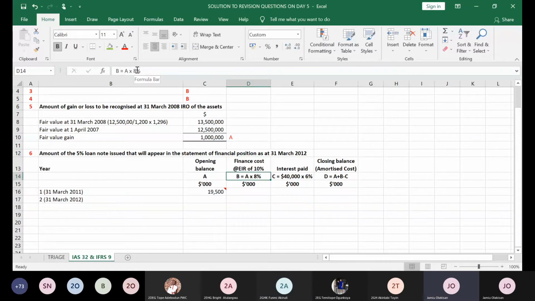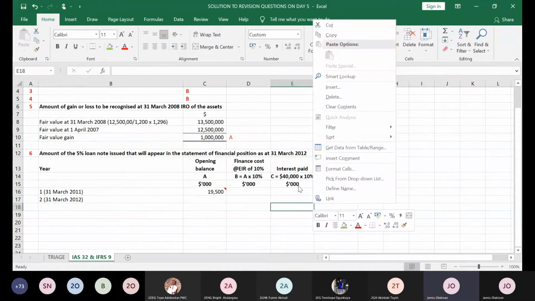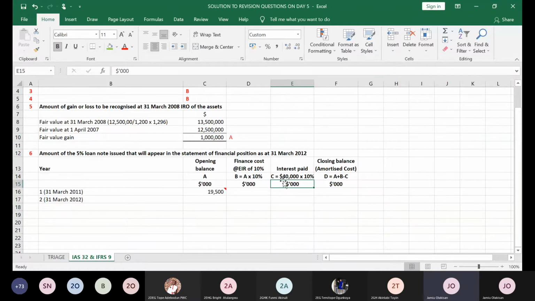So I will change this one to 10%. The interest on it is 5%, right? Yes. Interest on it will be 10%. So 10, multiply by what? Oh, okay. Sorry, it's 5%.